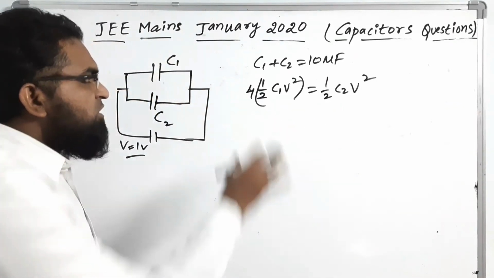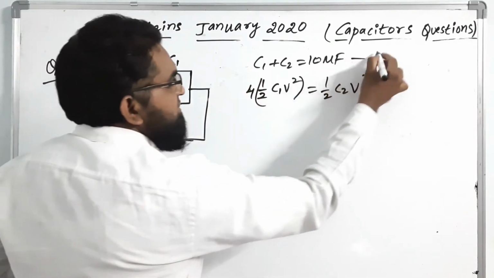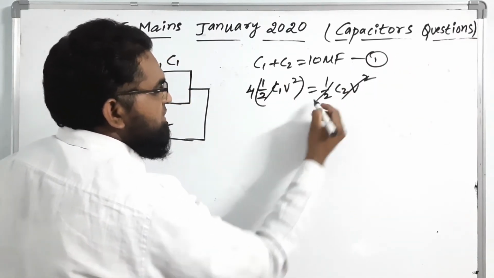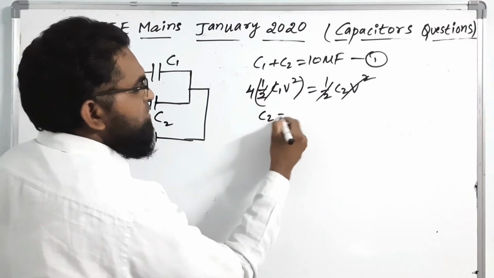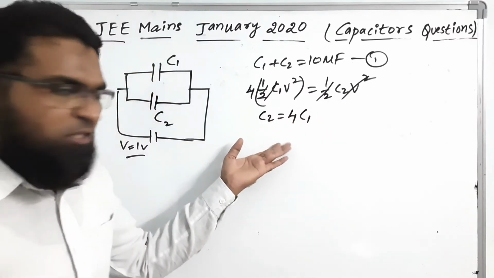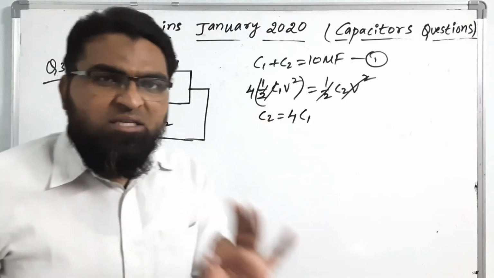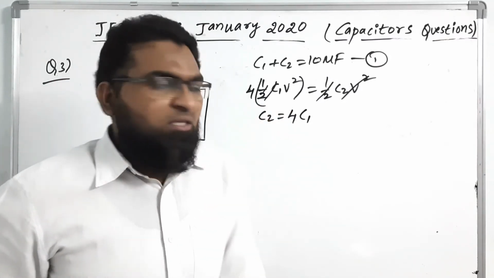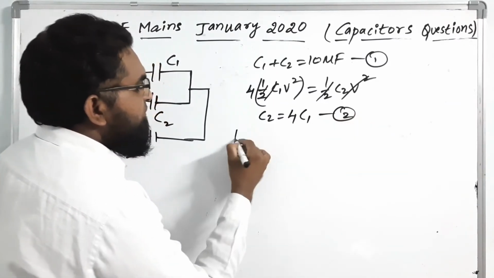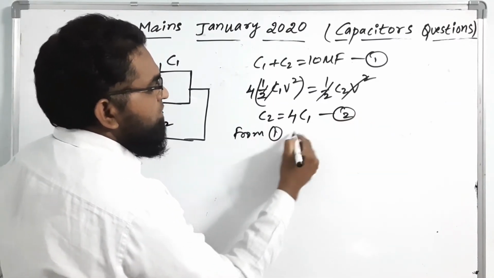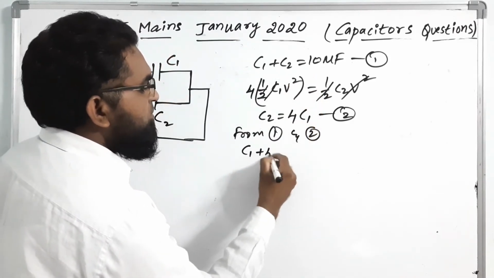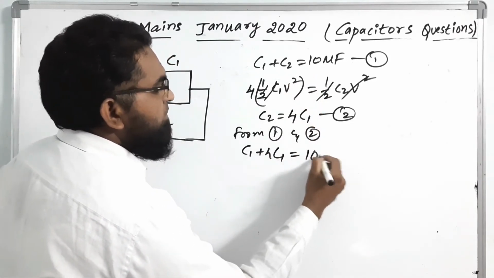I hope you understood these 2 steps. This is the first one, and the second one: half V square cancels here, so C2 equals 4 C1. Okay, I hope you understood this step also. We are just asked for the series combination of the 2 capacitors. We don't know the C1 and C2 values. So from 1 and 2, C1 plus 4 C1 equals 10 microfarad.